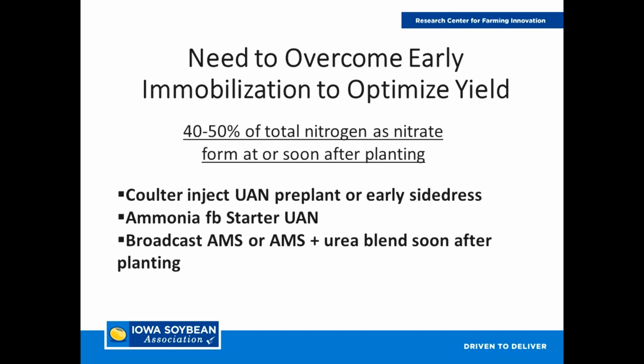You can do ammonia pre-plant followed by starter, which a lot of guys do, but we don't think the starter rates can get high enough in some cases to really overcome that immobilization. Or you can do like we did in this picture, where we broadcast AMS with urea soon after planting. Nitrogen form and placement matters a lot in cover crop situations, especially corn following cover crops.